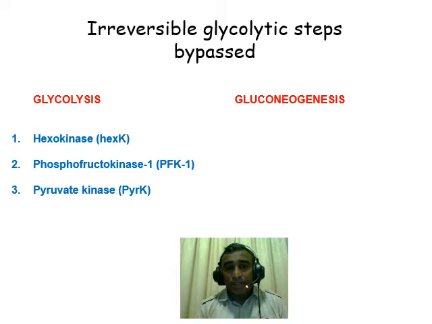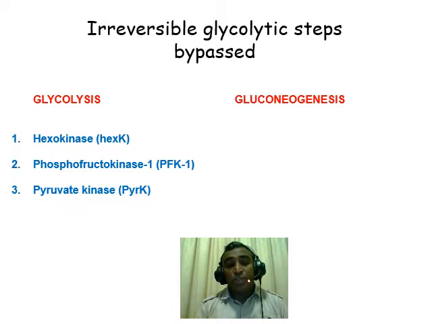These are the irreversible glycolytic steps that I was referring to. The three key regulatory enzymes are hexokinase, phosphofructokinase, as well as pyruvate kinase. And these enzymes are irreversible, therefore they must be bypassed rather than just reversing the reaction altogether.